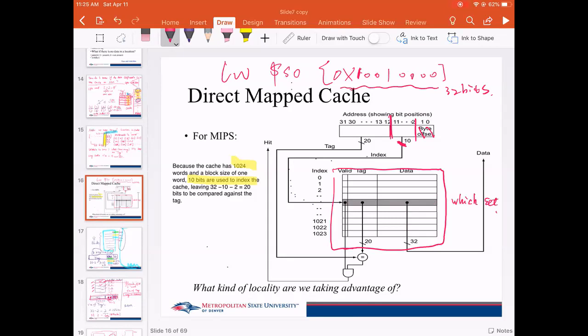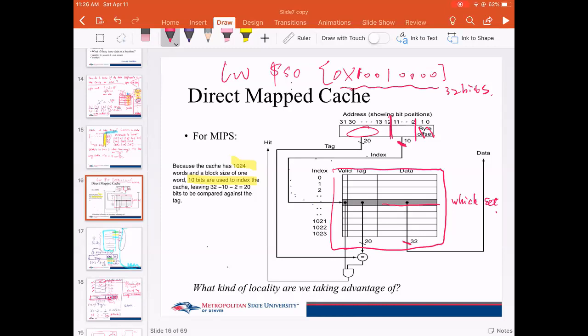After I check the 10 bits, it will lead me to the location of that row, that set. And that set will not only include the 32 bits of data, it also includes the leftover address, which is 20 bits. However, remember, different addresses could map to the same set.